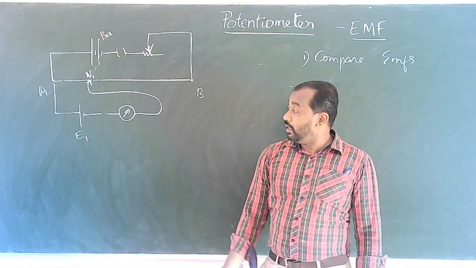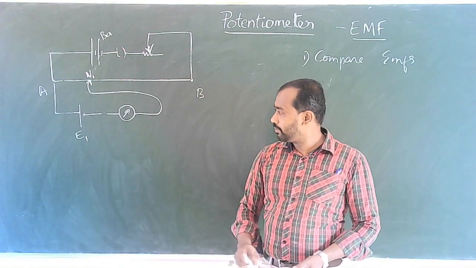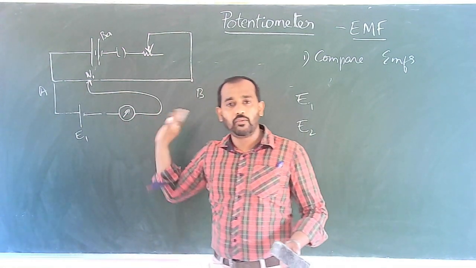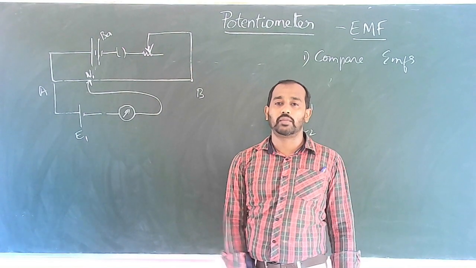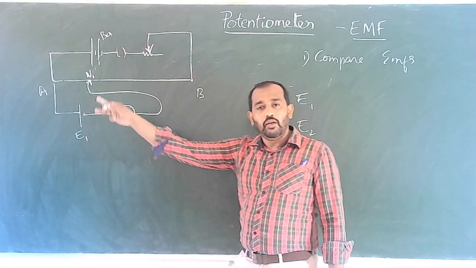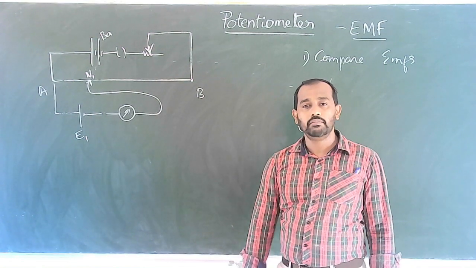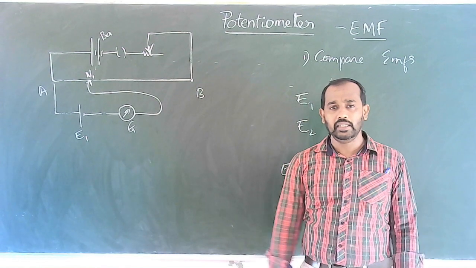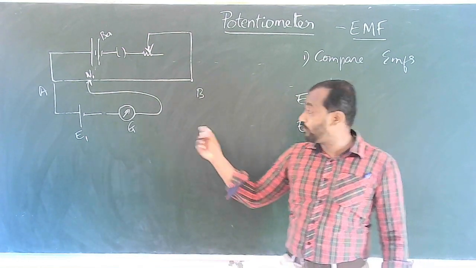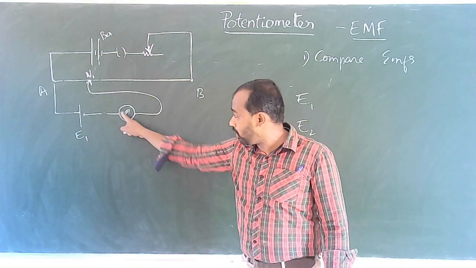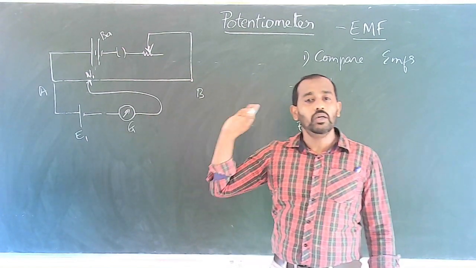Now, in these conditions, we are going to consider using Kirchhoff's voltage rule. The galvanometer might have a resistance represented as G, but the voltage drop, the IR drop, across the galvanometer will be equal to 0.